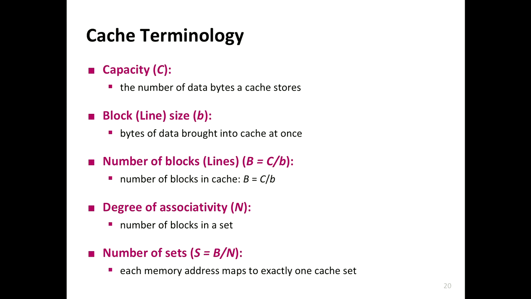So a line of cache has a number of blocks. And then you have what we call associativity, which is kind of related.